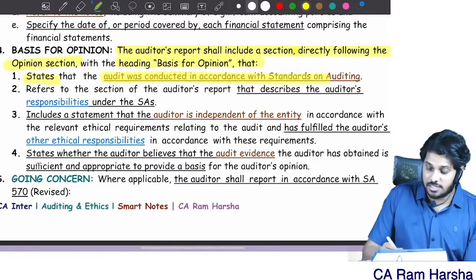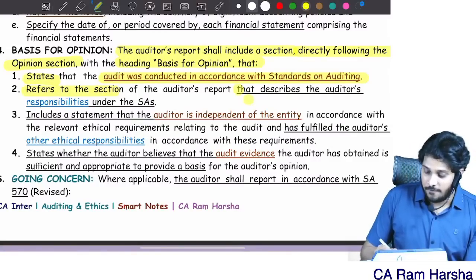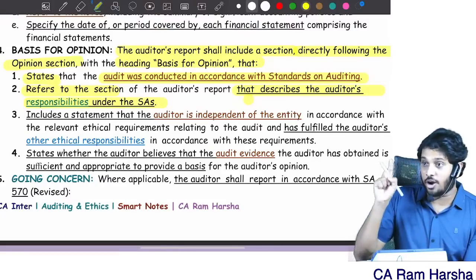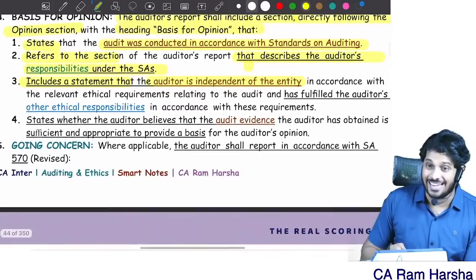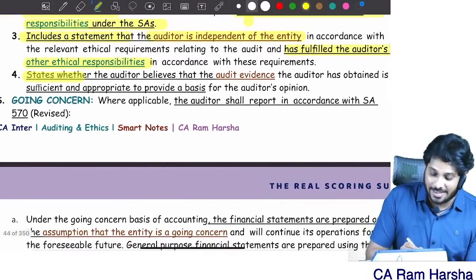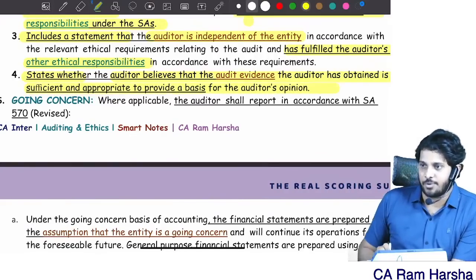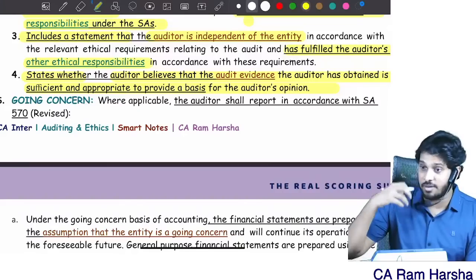State that the audit was conducted as per standards. Refer to the section that describes auditor responsibilities. In that para, you should talk about where auditor responsibilities are clearly explained. Include a statement that you are independent of the entity and have fulfilled other ethical responsibilities. State that the auditor believes the evidence obtained by him is sufficient and appropriate. These are the points you should mention clearly whenever you are giving basis for opinion.